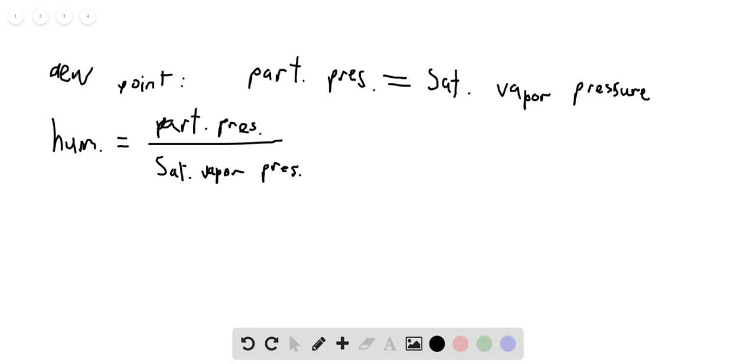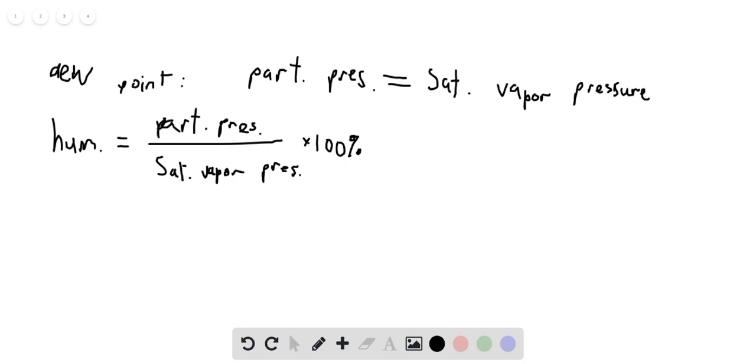So, from those two equations, we could conclude that dew point is when the humidity is 100%. Because in this equation there's a times 100% here if you want it in percentage. So if partial pressure is equal to saturated vapor pressure, then this cancels out, and what remains is 100% humidity.